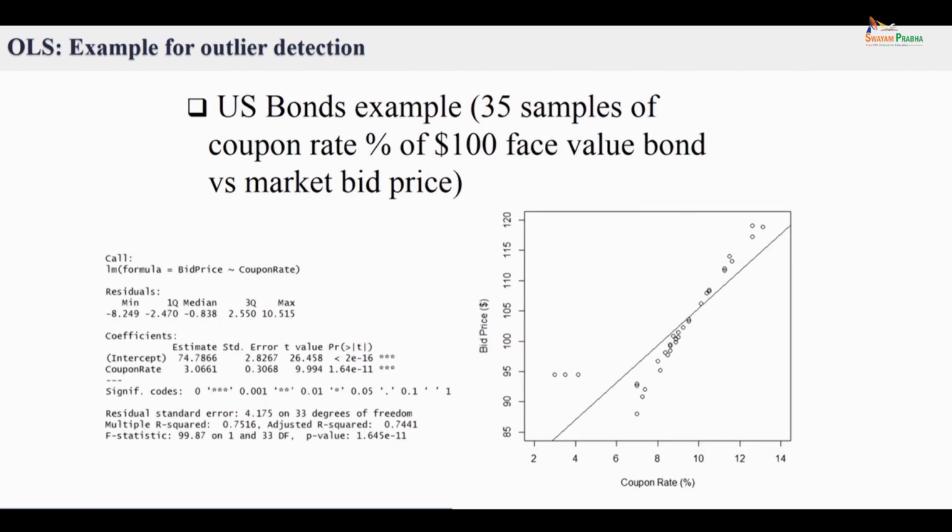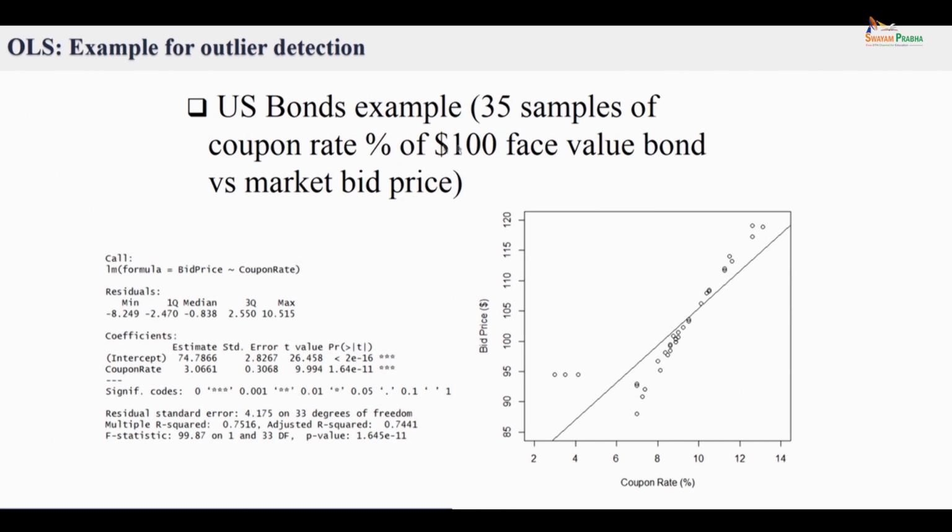Again we will illustrate this with an example. Here is a US bonds example which consists of 35 samples, US bonds whose face value is $100, and a guaranteed interest rate is provided for each of these bonds depending on when they were released and so on.